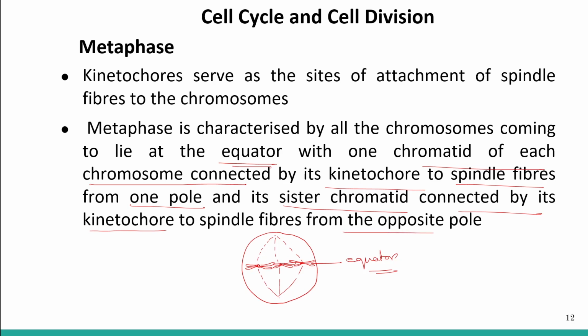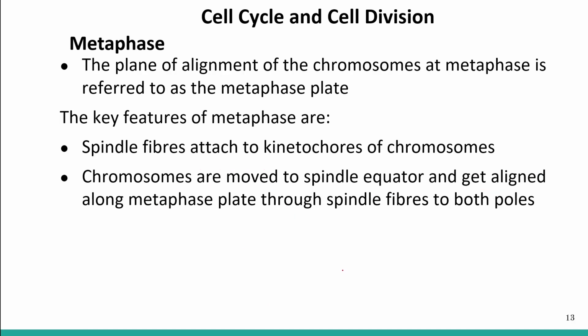So here we can see one of the chromatid's kinetochore is attached to the spindle fiber from one particular pole, and another chromatid of the same chromosome is attached to the other pole with the help of spindle fibers, right? So this type of arrangement can be seen in the metaphase stage.